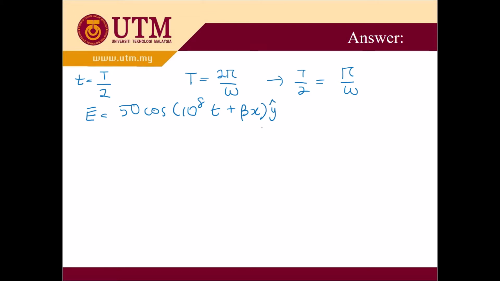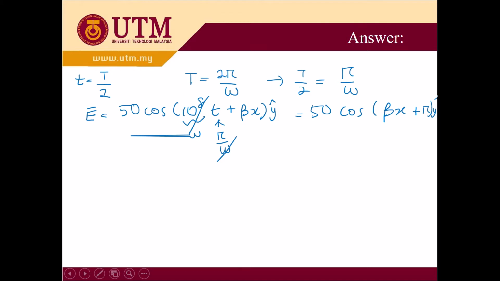So put t equal to pi over omega. Here is also omega, so we can cancel here. So we got 50 cos(beta x plus pi).